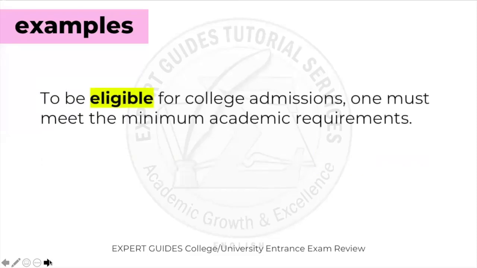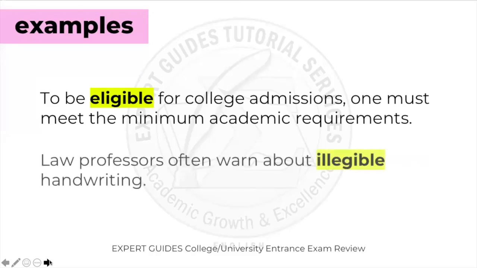Okay, so for our first example, we use eligible. To be qualified, to be eligible for college admission, one must meet the minimum academic requirement. Second example, law professors often warn about illegible handwriting or handwriting that is difficult to read or understand.